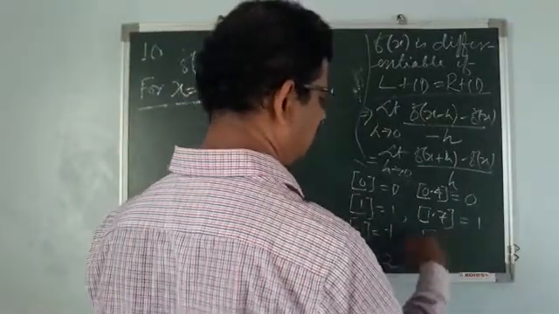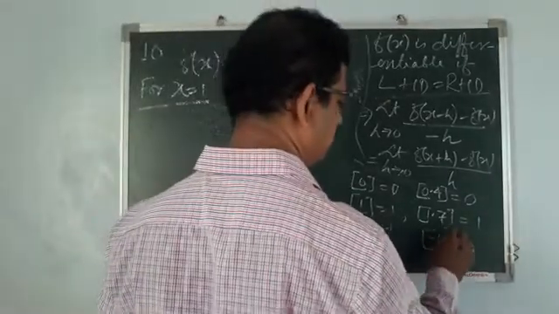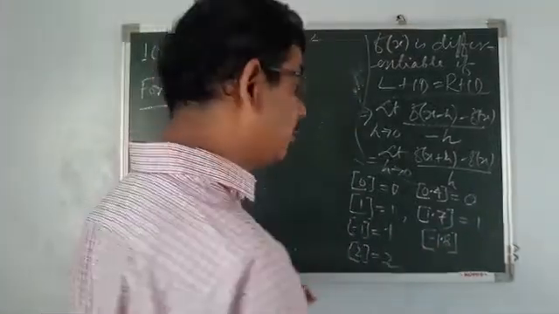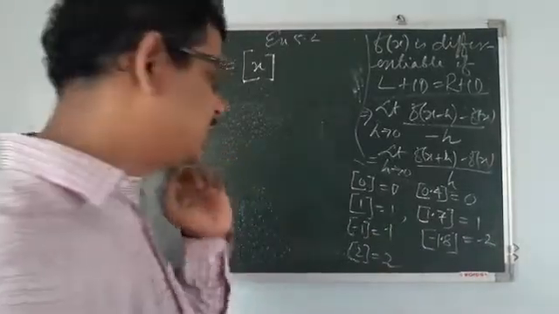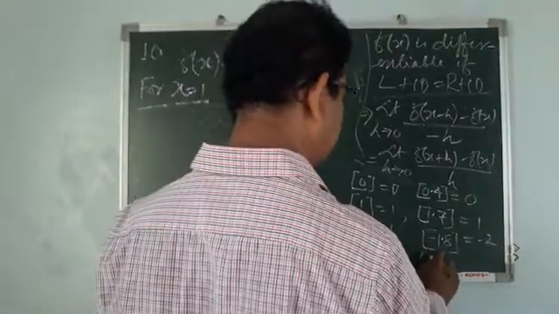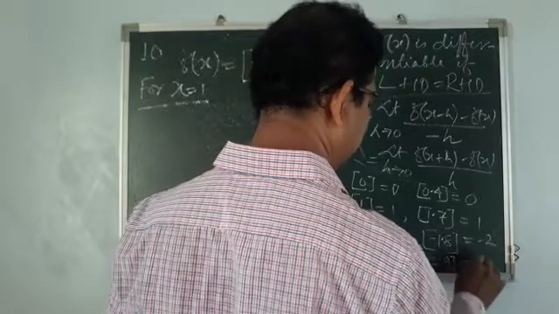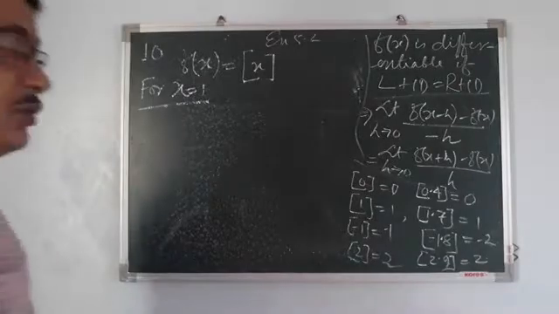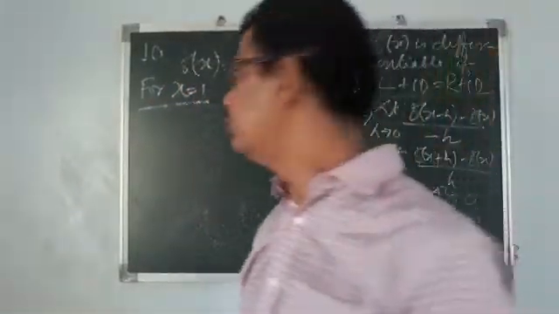Suppose minus 1.8, then it will be minus 2, because the integer before that is minus 2. If I put 2.9, then it is 2. So this is the nature of the greatest integer function. This definition we already did in class 11, so now we are using it.